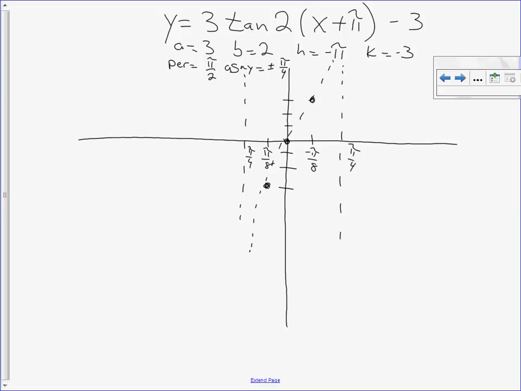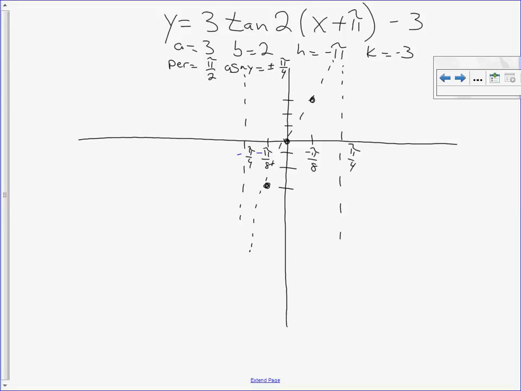Now to each of these points, I have to move it to the left pi and down 3. Do we agree on that? Okay. Do you want me to do it via the ordered pairs set, or do you want me just to walk it through on the graph because of time? The answer is yes. Okay. I'm just going to do it on the graph because of time.